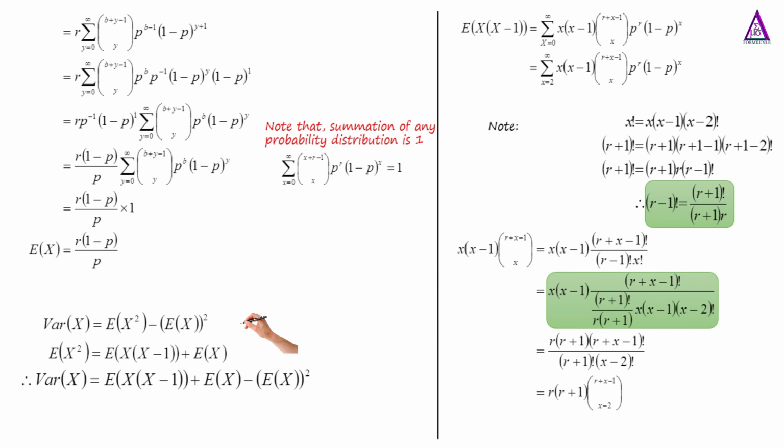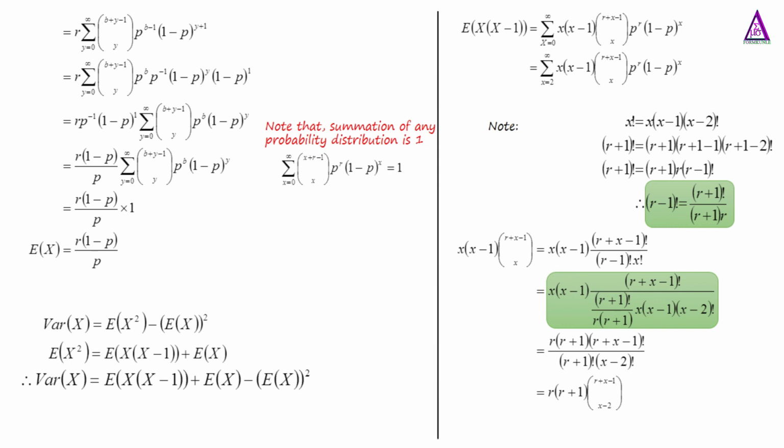So therefore our variance is now equal to the expected value of x into bracket x minus 1 plus the expected value of x minus the bracket expected value of x, everything squared, by considering the expected value of x into bracket x minus 1, which will be this equation.